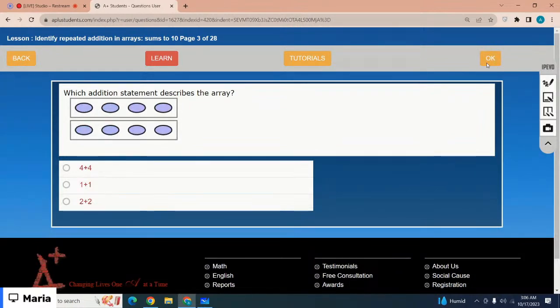Which addition statement describes the array? Which is the correct option?